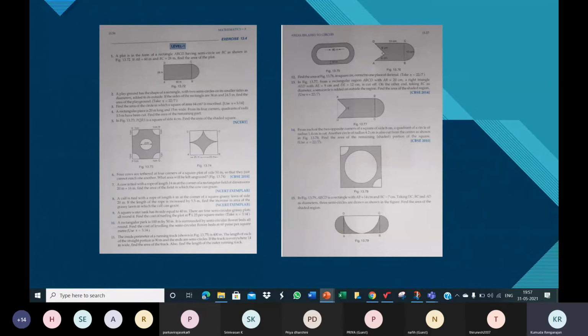So speed into time: 1.1 into 88 will give you 96.8 meters. You get the answer in meters because speed is in meters per second.